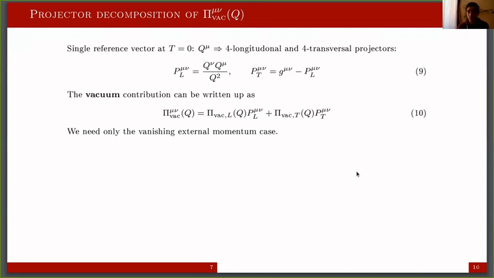One is the 4-longitudinal and the other the 4-transversal, and we can write the vacuum contribution of the self-energy as a term proportional to this 4-longitudinal and a term proportional to this 4-transversal projector. Thus, we will have two modes.